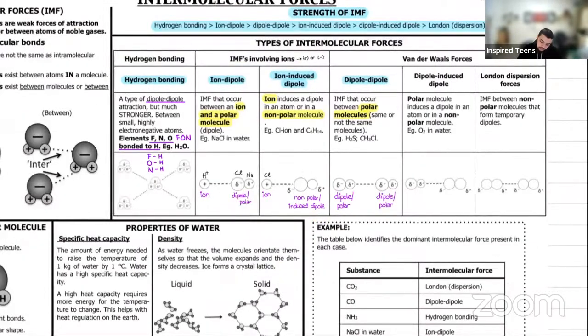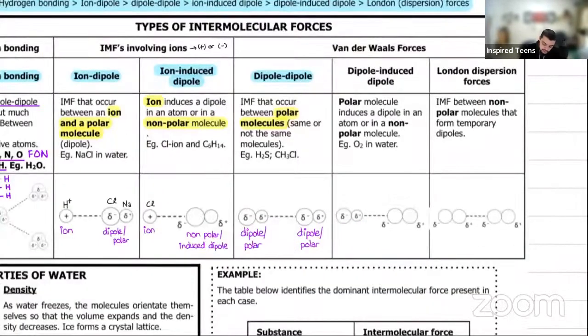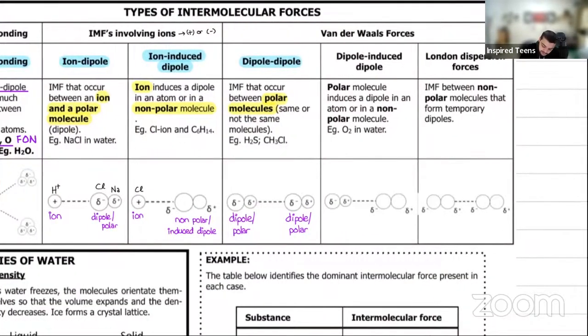Then we move over to dipole-induced dipole. Here you can guess what that means. It's a polar molecule bonded with a non-polar molecule. So we have a polar molecule that induces a dipole in a non-polar molecule. Example, O2 in water.